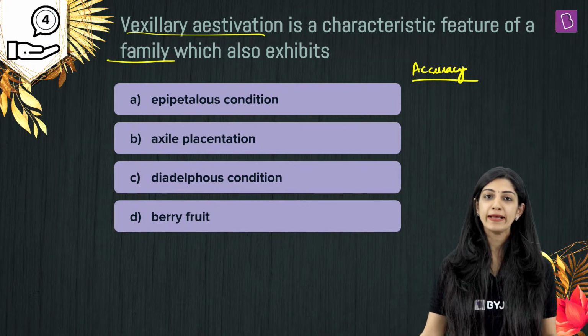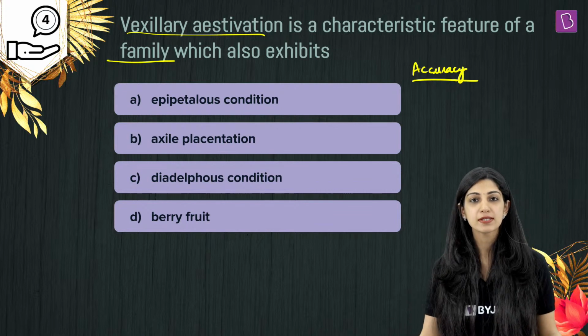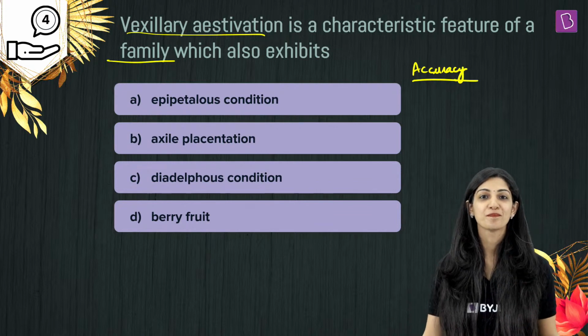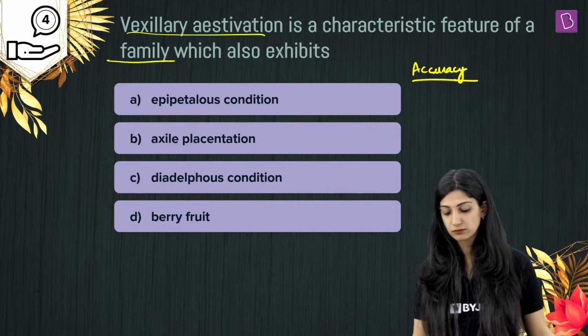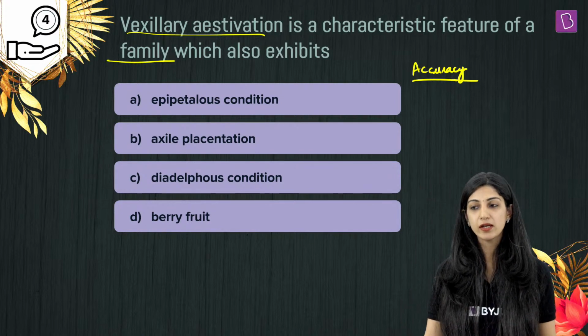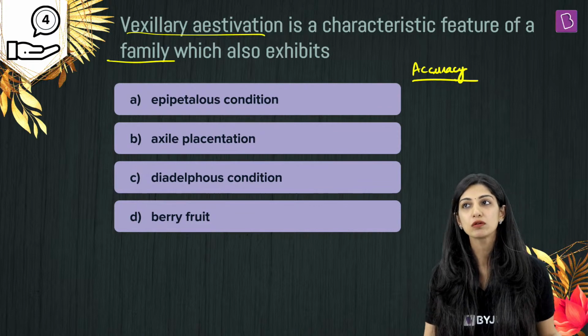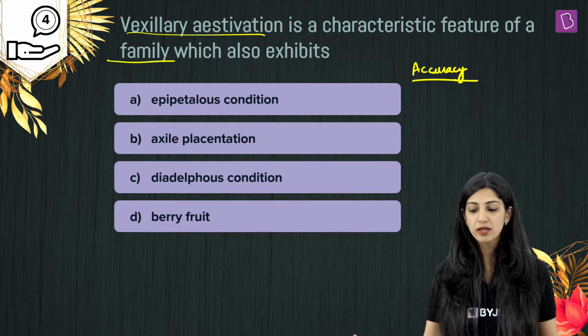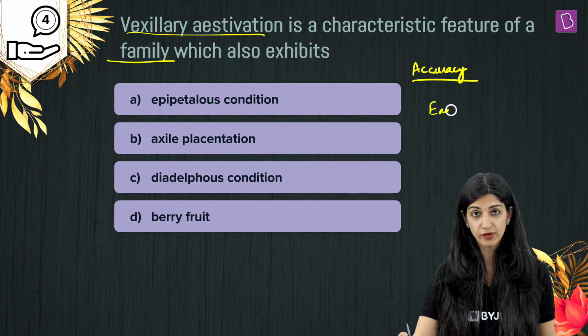Ma'am, ये question तो मुश्किल है, मुझे आता नहीं है. Why did you fall in love with this? Because, children, the paper is divided into 3 segments. One is the easy segment. Listen to this carefully.